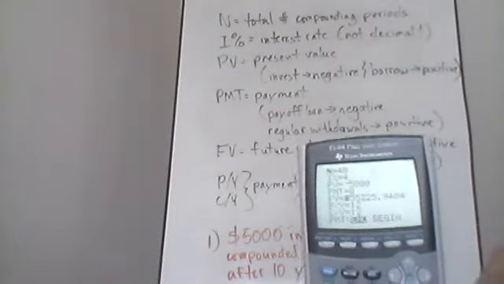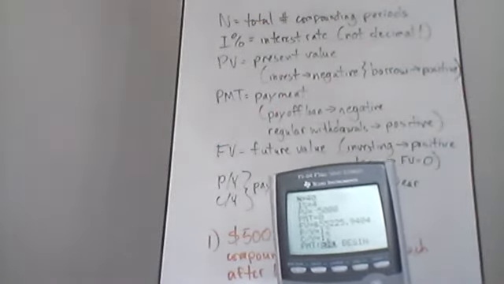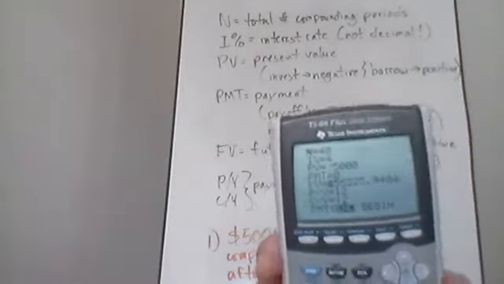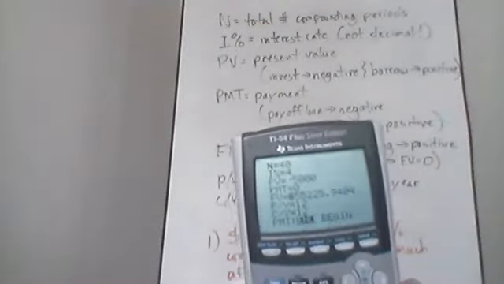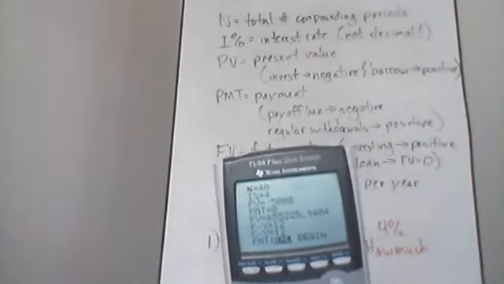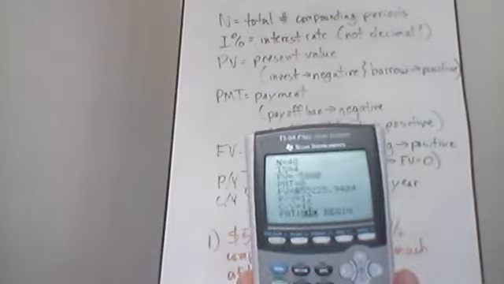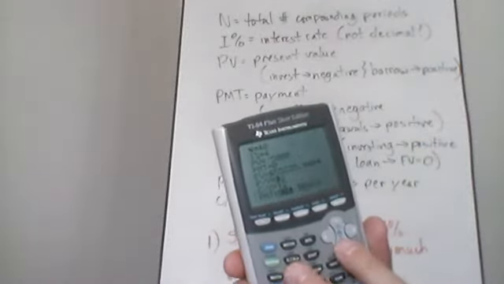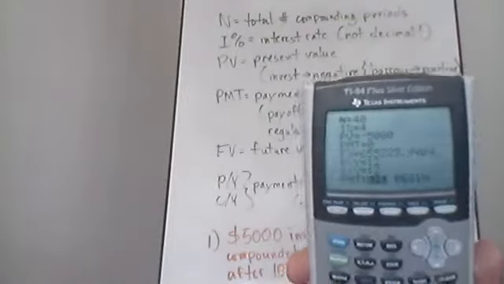But in this case, I'm not making regular payments into the investment, and so I don't have to put anything for that payment. That's a 0. My future value, well, that's what I'm trying to find this time. I'm trying to figure out what my future value is. So I'm just going to skip over that for now, and we'll come back to that in a second.